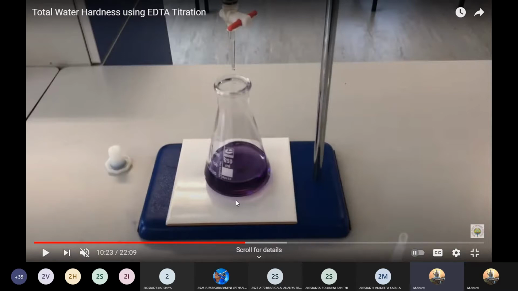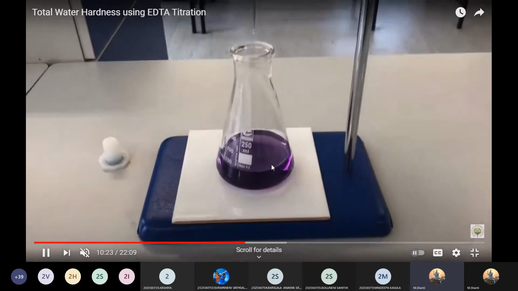So we have to take the standard hard water we prepared in step 1, where we started with hard water. That solution must be taken. And then what else? Indicator EBT and buffer of pH 9 to 10. Very good, excellent. Now titrate with what?